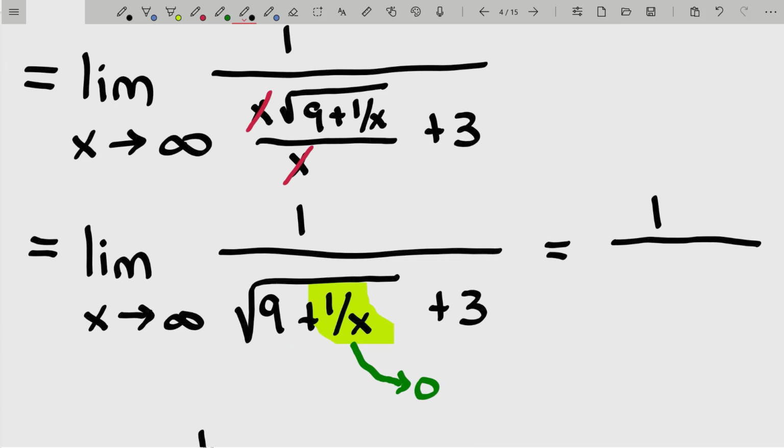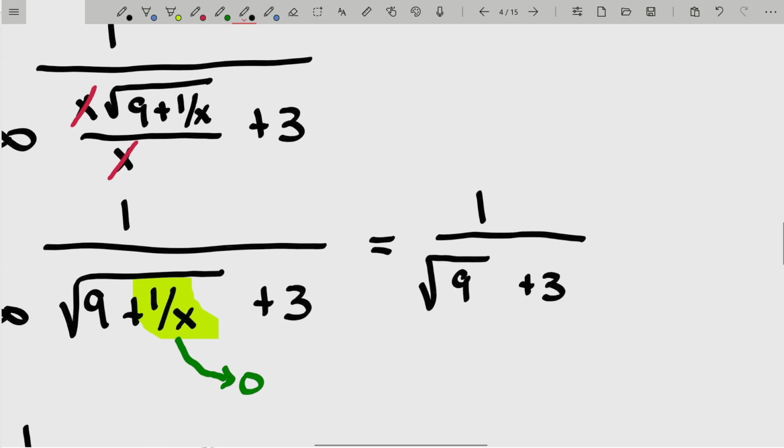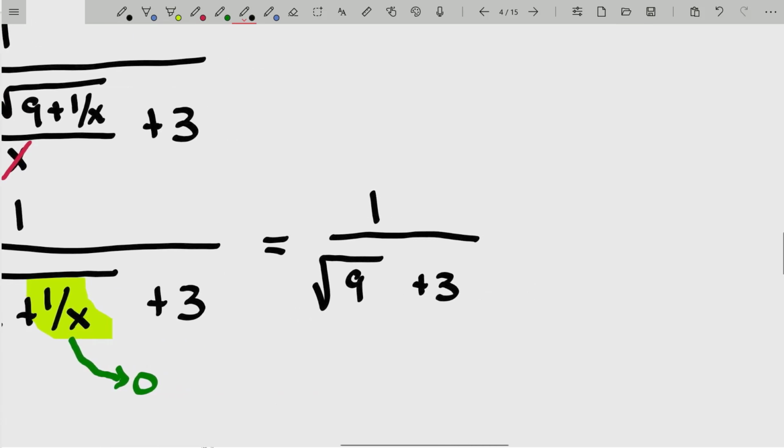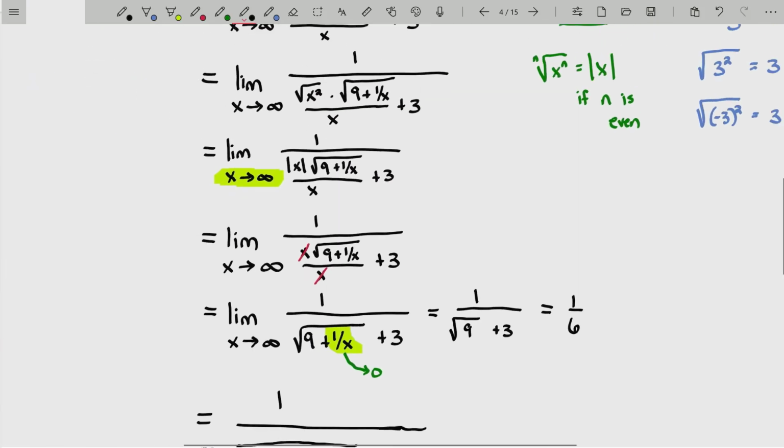Once I take advantage of evaluating the limit, there's no need for me to write the limit anymore. So this is just going to be 1 over the square root of 9 plus 0 plus 3, or in other words, 1/6, right? Root 9 is 3, so 3 plus 3 is 6.